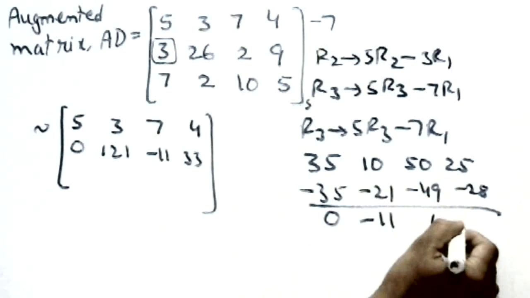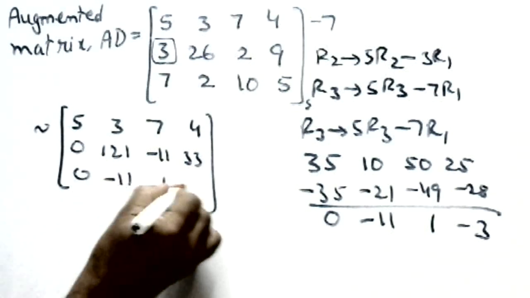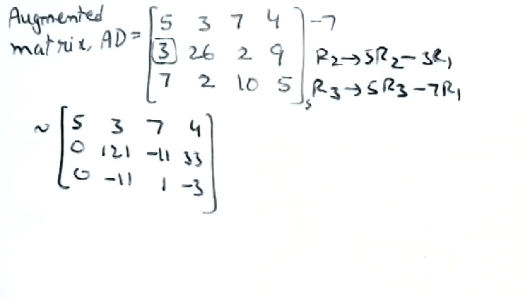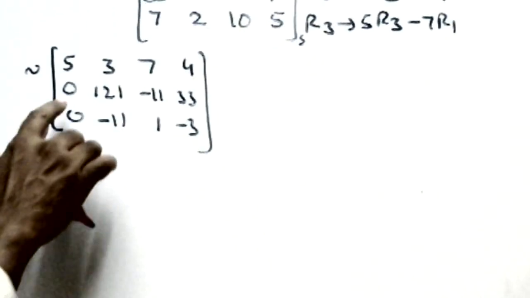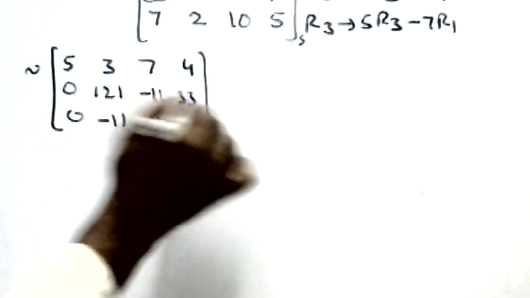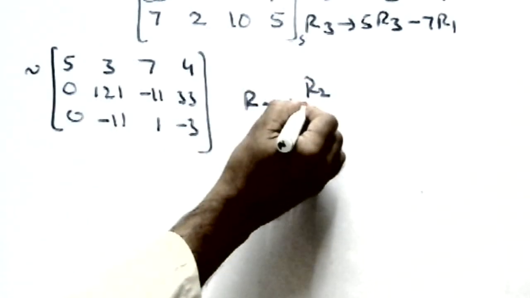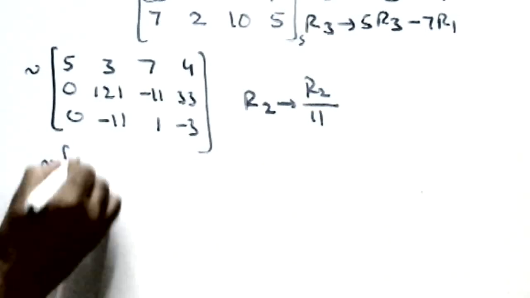And what is the next one? See here, 20 minus 3. So we are left with 0, minus 11, 1, minus 3. See the next step: whenever we get some common factor in the rows, we must take the common. So in the second row, if you see, we can take 11 common. So take common 11, R2 implies R2, common means dividing by 11.